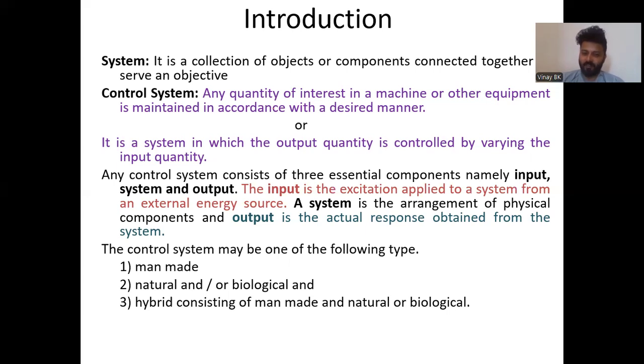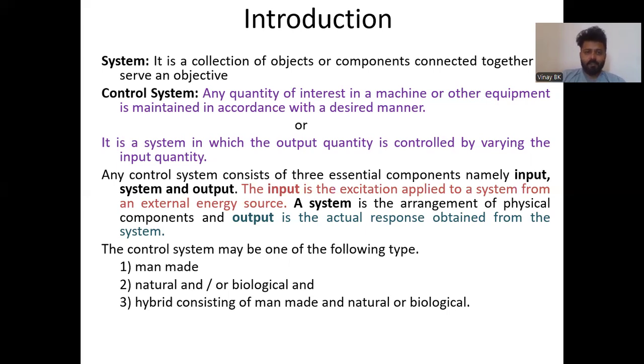That response you can call the output. The output is the actual response obtained from the system. A control system may be of one of the following types: man-made, natural or biological, or hybrid, integrating both man-made and natural.